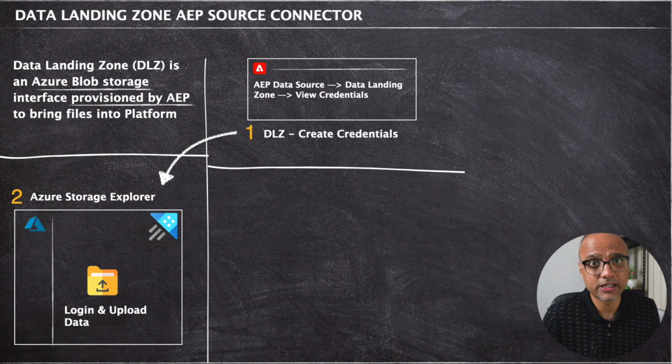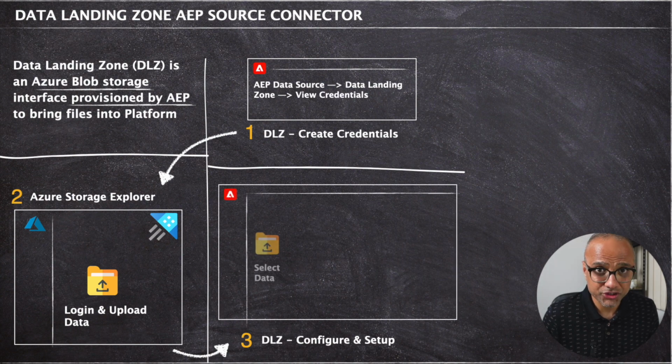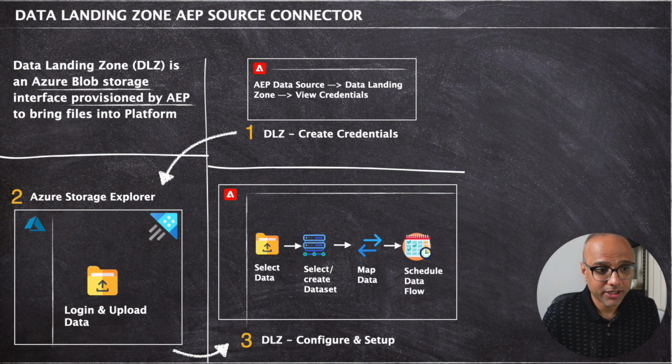Now, once this upload is complete, you head back into Adobe Experience Platform, where you go back to the data sources, to the same environment, and continue the setup. So now, since you've already used the credentials and uploaded the files, you should be able to see this file within the data landing zone source connector. And after this, it's pretty much a similar setup process which you follow with other source connectors, where you select the data.